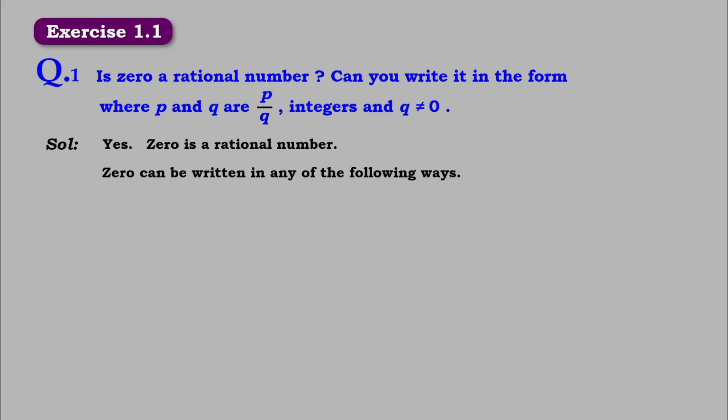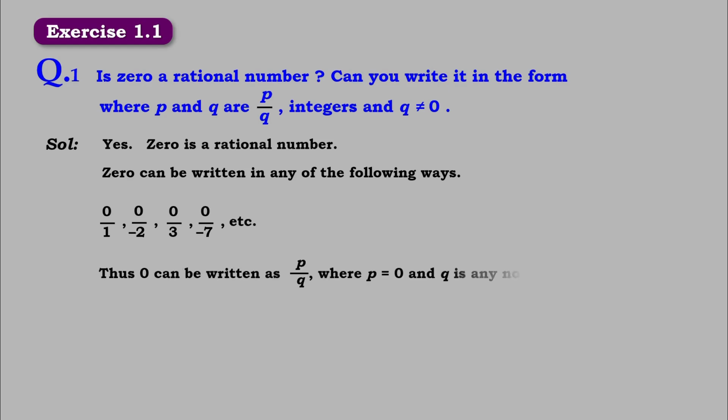So 0 can be written in any of the following ways, like 0 by 1, 0 by minus 2, 0 by 3, 0 by minus 7, etc. Thus 0 can be written as p by q, where p equals 0 and q is any non-zero integer. Hence 0 is a rational number.